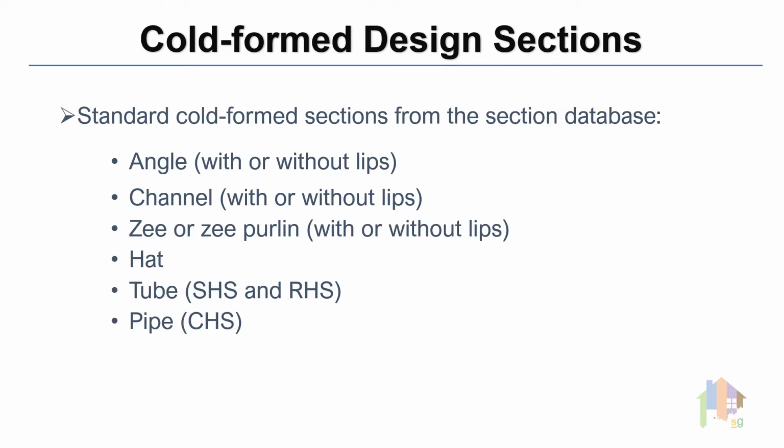All of these codes can perform design of some specific shapes which are normally available in the market and also available in the standard database, like angle, channel, Z section with or without lips, hat section, or pipe and tube sections.